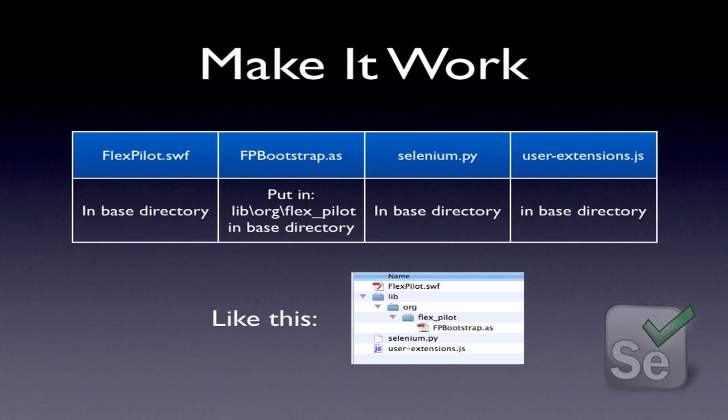The Bootstrap, which loads the Flexpilot into your application, and then Selenium.py, which could be .py or .rb or .java, which allows you to use the Selenium RC and adds the extra Flexpilot functions, as well as the user extensions, which is all the JavaScript versions of those functions.